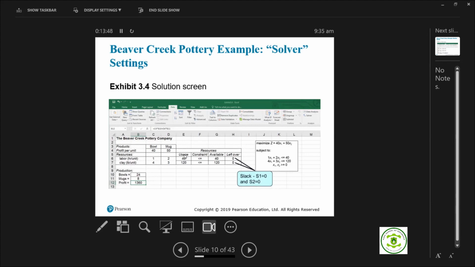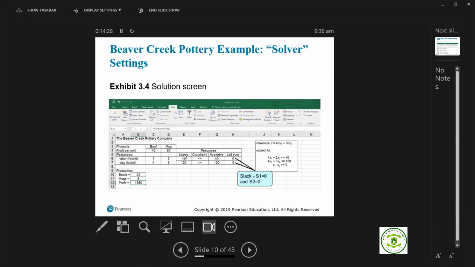The respective constraints or resources that have been used in arriving at the optimal solution. So you see that here we have 120. And if you look at the question, we said that the total number of labor hours available was 40. And the quantity of clay available was 120 pounds.